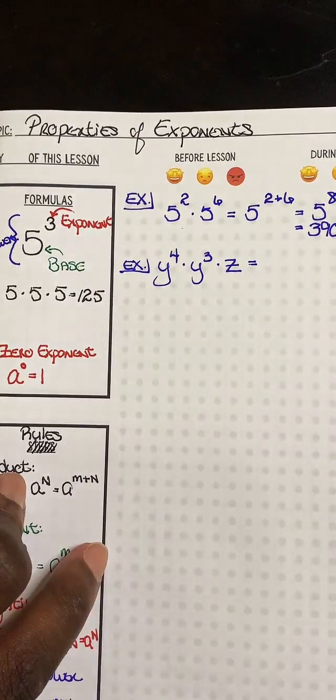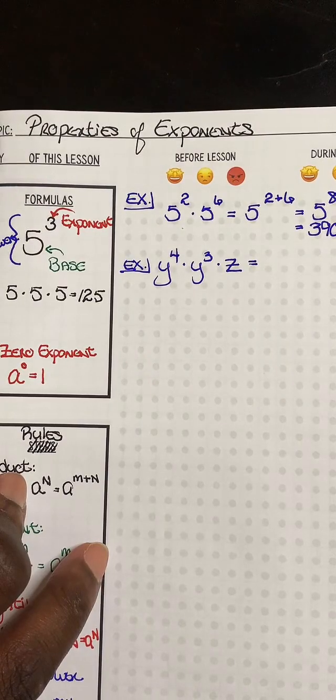All right, so you have z and y to the 7th. Okay, we can do that. Y to the 12th times z. Remember, you're adding the exponents, not multiplying them.